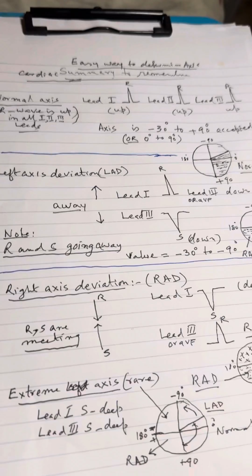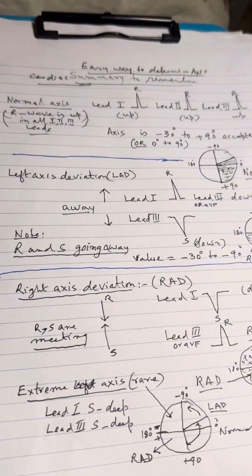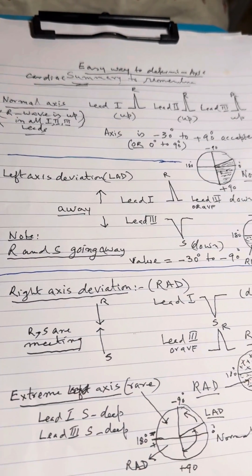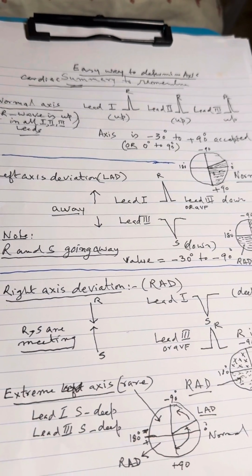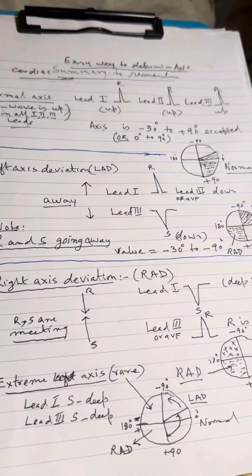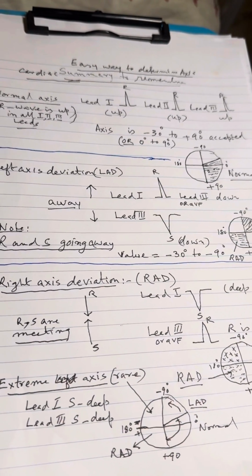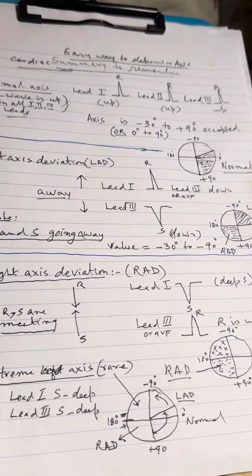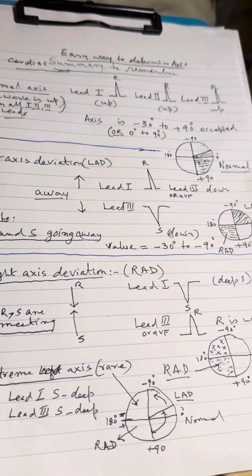Now, in easy calculation, people use two methods. One is to look at the R wave height in lead 1 and the depth of the S wave in lead 3.